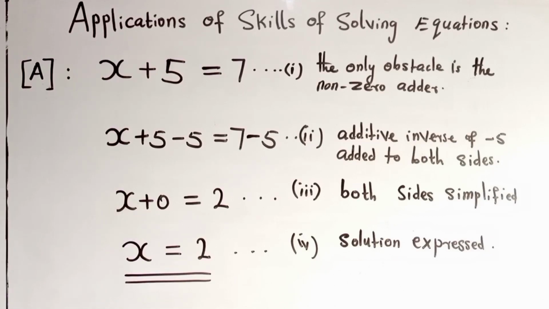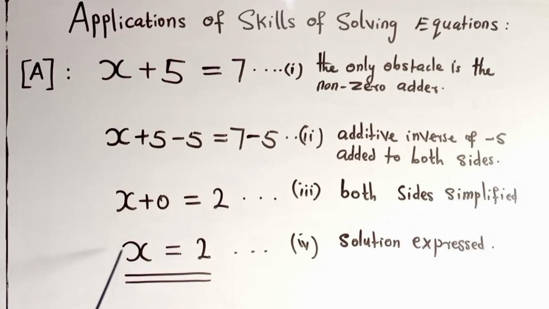Now, can we simplify the left-hand side further? Yes. How? We recall that whenever 0 is added to a number, the result is equal to that number. Please get back to the basics of algebra, which we learned earlier, so that with the lessons we learned therein, you can come back here and see why this x plus 0 is equal to x, and 2 remains 2.